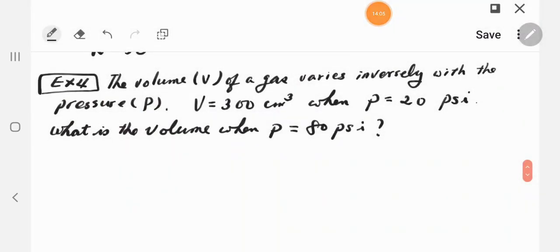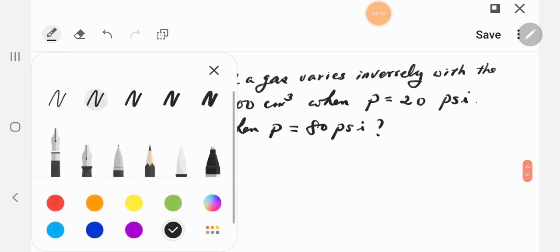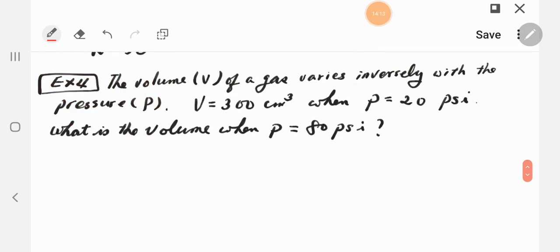Okay, example number 4. The volume of a gas varies inversely with the pressure P. So this is inverse variation, and the volume is 300 cubic centimeters when the pressure is 20 pounds per square inch, PSI. So the volume is inversely proportional, K divided by the pressure.